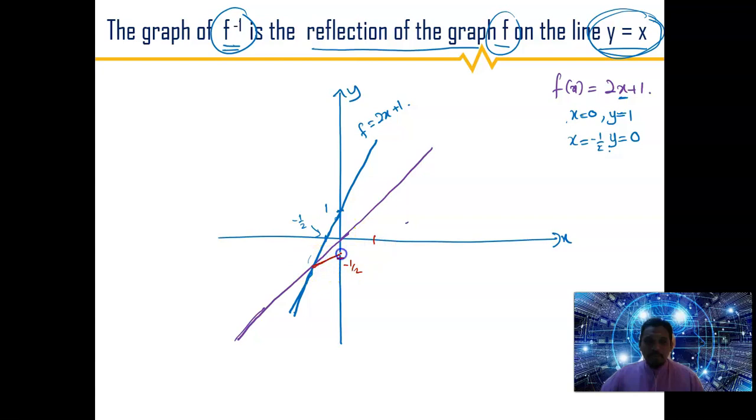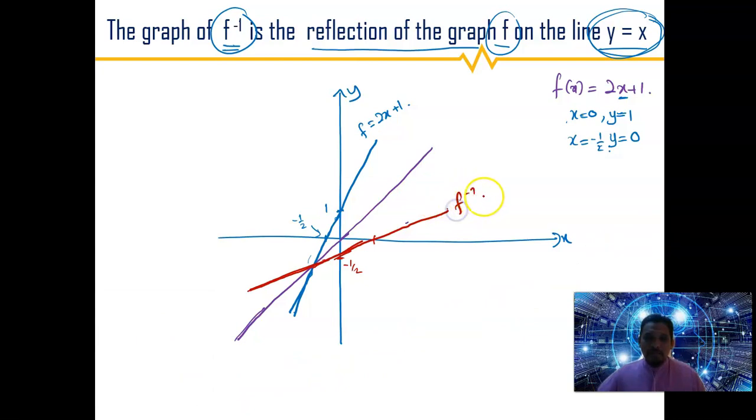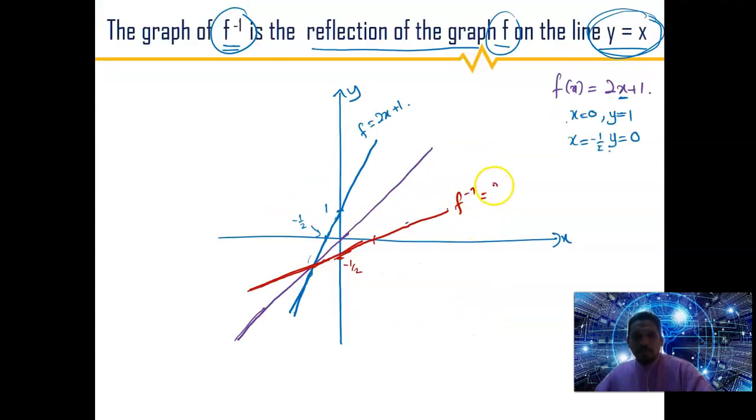So then, okay, it's not a very straight line here, sorry for that, but this is it. So this is f inverse, which is x minus 1 divided by 2.